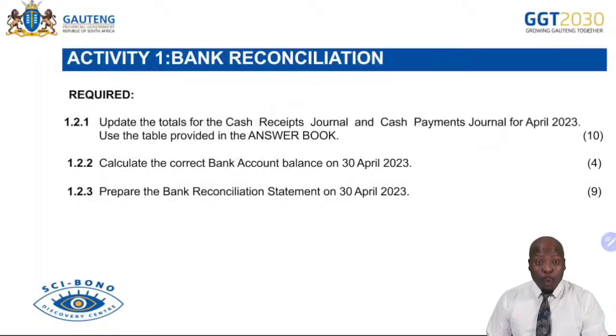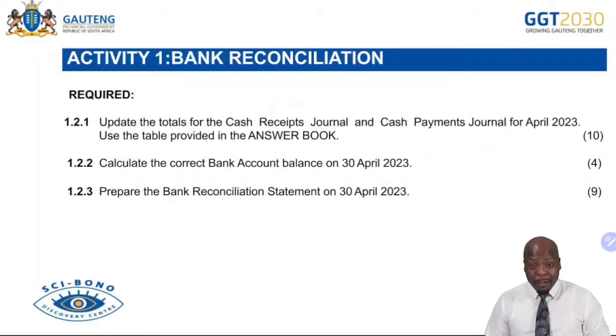In 1.2.1, it reads, update the totals for the cash receipts journal and the cash payments journal for April 2023. So here we're going to update the journals, and then we'll calculate the correct bank account balance. These are 2 things that move hand in hand. As we are doing it, we're just going to be completing it step by step.